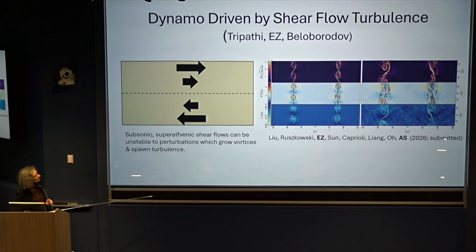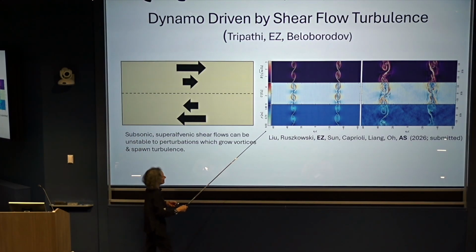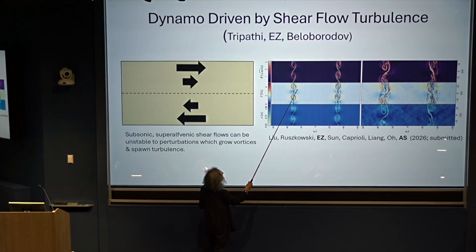Okay. So here's the basic idea of how it might work. We have a shear flow. If it's subsonic and superalfvénic, it'll be unstable to Kelvin-Helmholtz type instabilities, and they grow vortices. So this is just a realization of turbulent vortices in a shear flow. This is from a recently submitted paper.